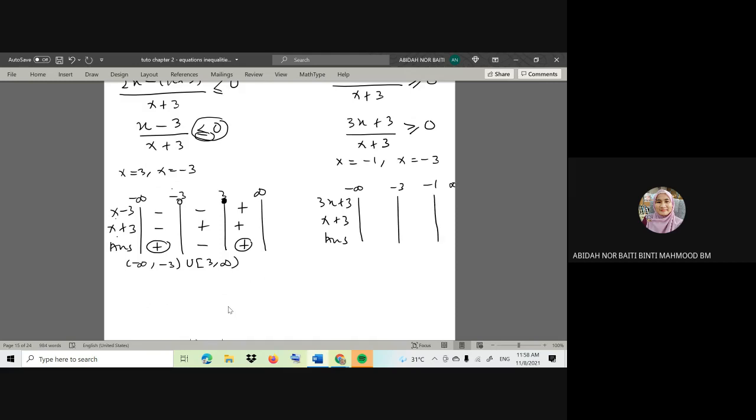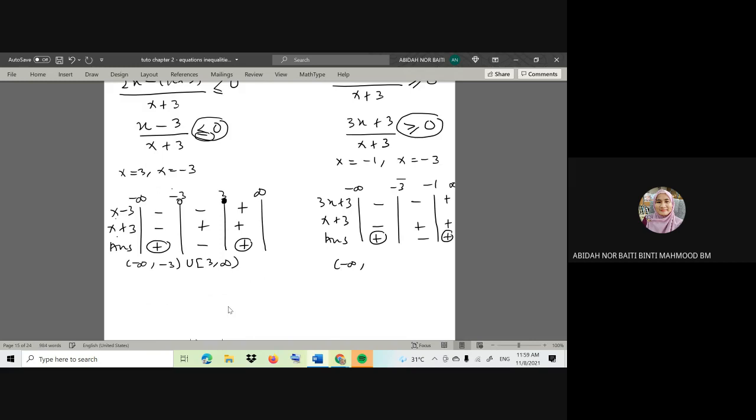So boleh letaklah semua ni, tak ada masalah kan? So positive, negative, negative, x plus 3, positive, positive, negative. Okay, greater 0 is positive.